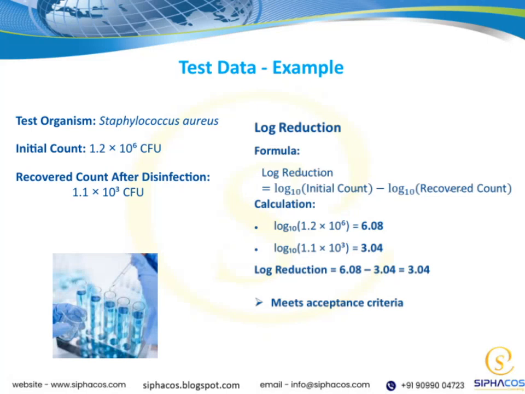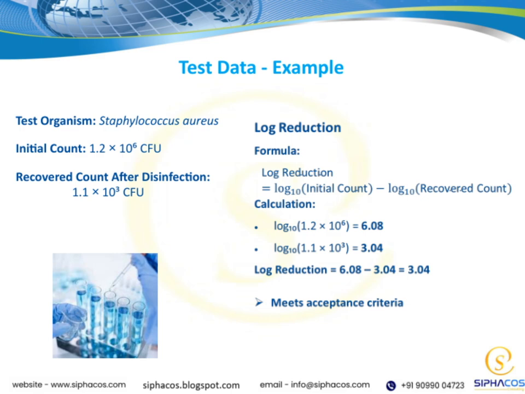Now, let's look at this example of test data. We used Staphylococcus aureus as our test organism. Initially, we had a count of 1.2 million colony-forming units, or CFUs, which gives us a baseline of how many bacteria were present before disinfection. After applying our disinfection process, the recovered count dropped significantly to about 1,100 CFUs.